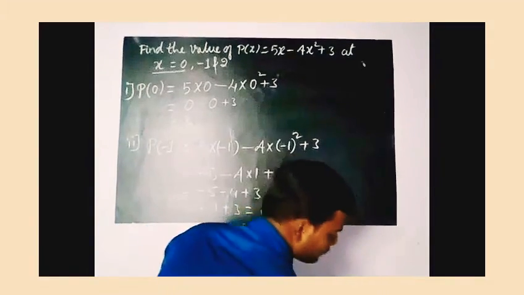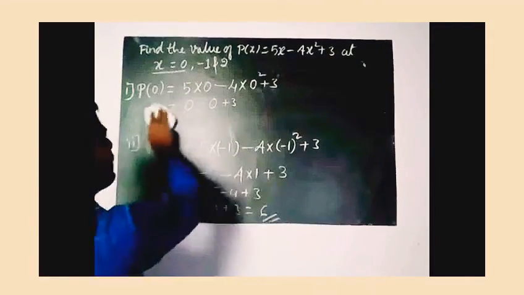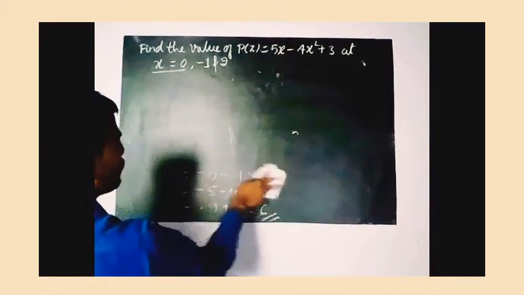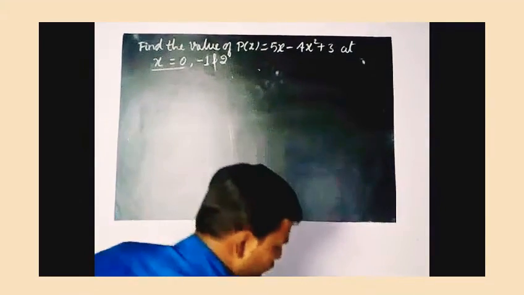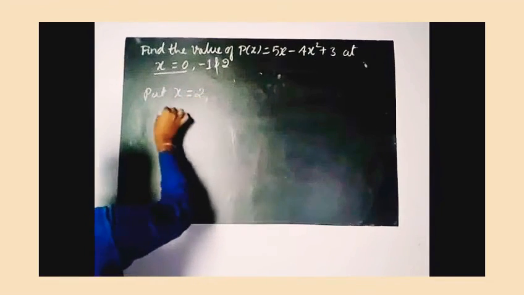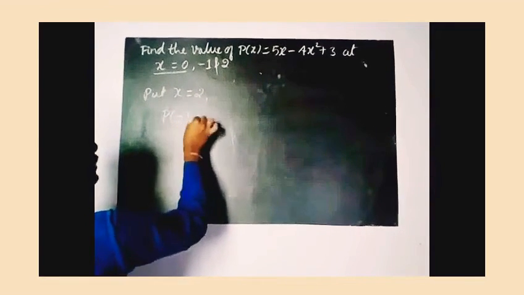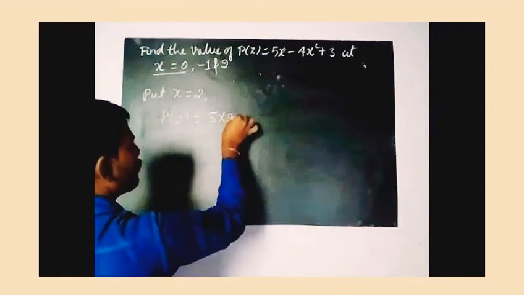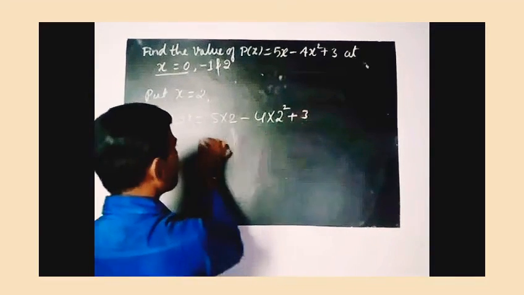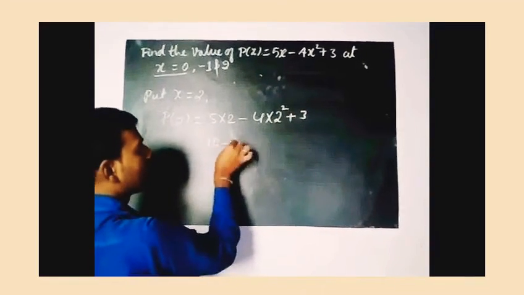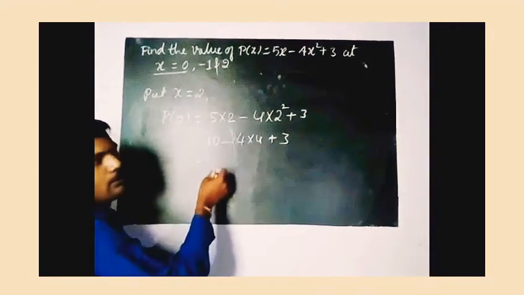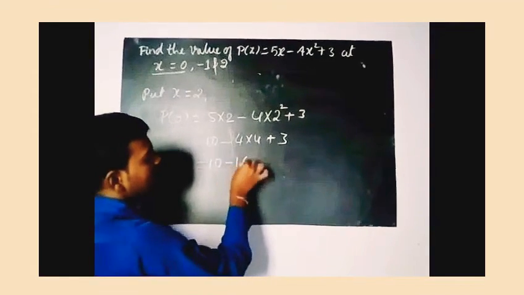And next, let me check the value of the polynomial for the next value at x is equal to 2. Put x is equal to 2, then p of 2 is equal to 5 into 2 minus 4 into 2 square plus 3. 5 into 2 is 10 minus 4 into 4 plus 3. 10 minus 16 plus 3.